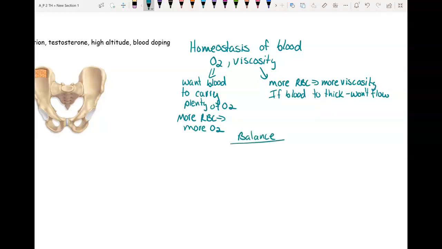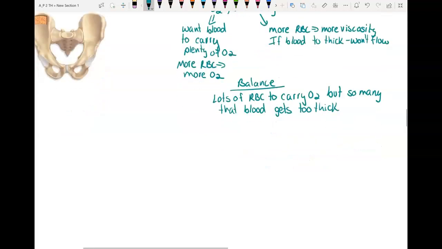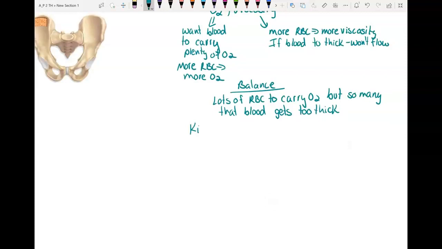You need a balance where you have lots of red blood cells to carry oxygen, but not too many that your blood gets too thick. So your kidney is what maintains this balance.